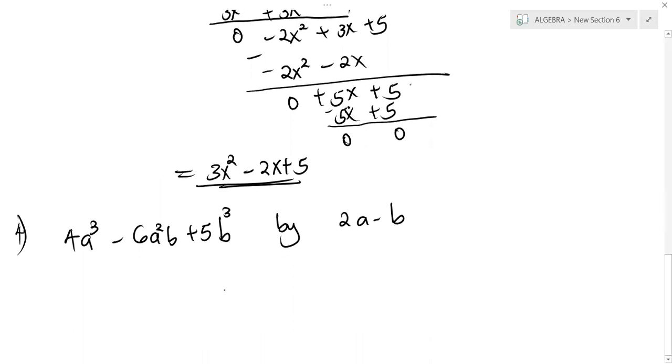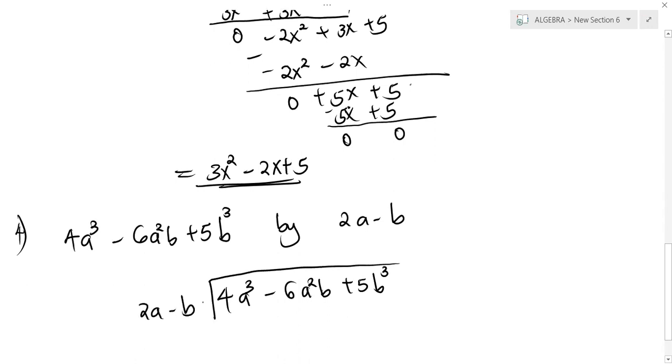We will have 4a cubed minus 6a squared b plus 5b cubed, all divided by 2a minus b. Taking 4a cubed, dividing by the first term, which is 2a, 2a squared will go here. Taking this 2a squared, multiplying by the whole of this term, we'll have 4a cubed, and multiplying 2a squared by b, we'll have minus 2a squared b.